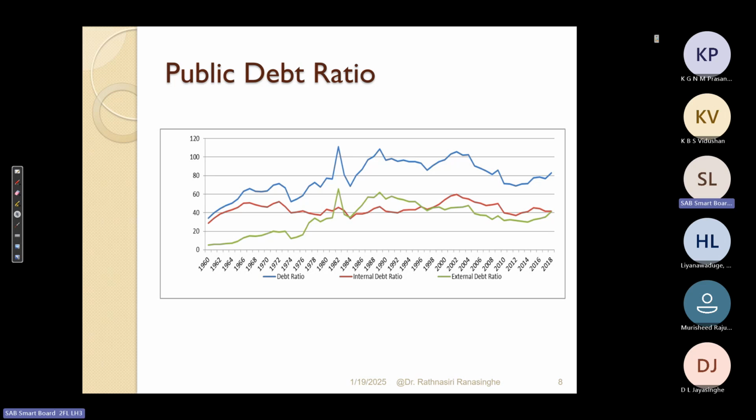But later on the outlook picture changed. We are moving to the prices situation, debt prices, because of the debt increase with bond issues and so on.